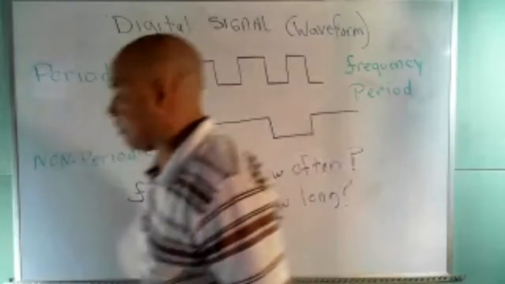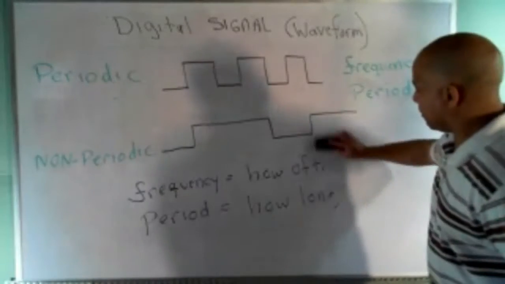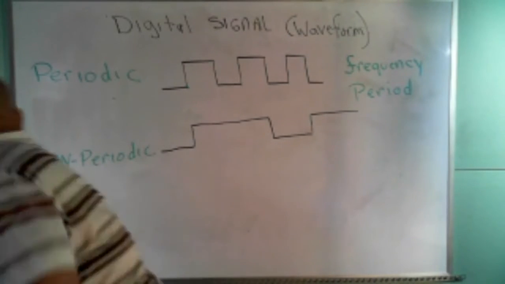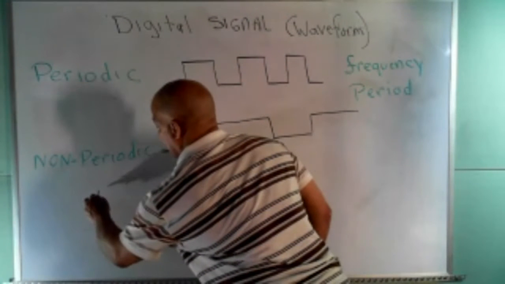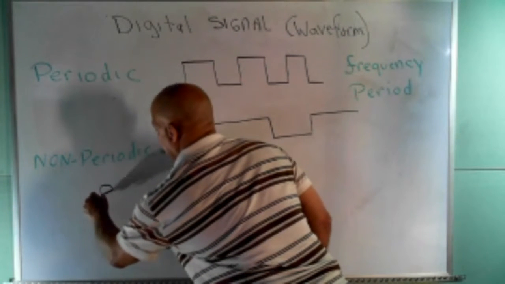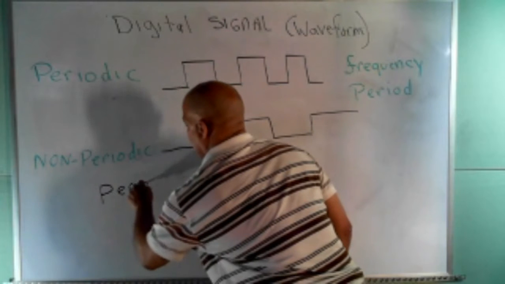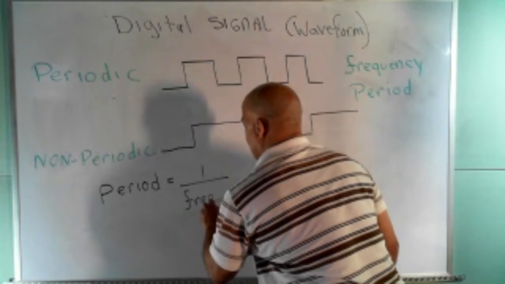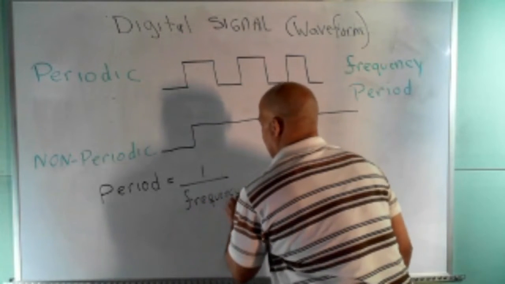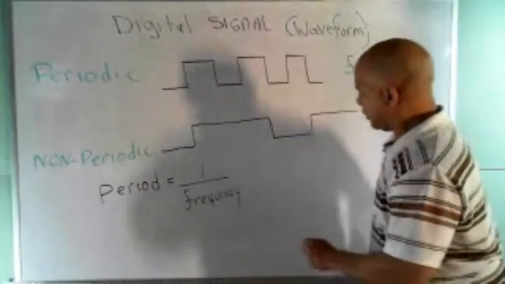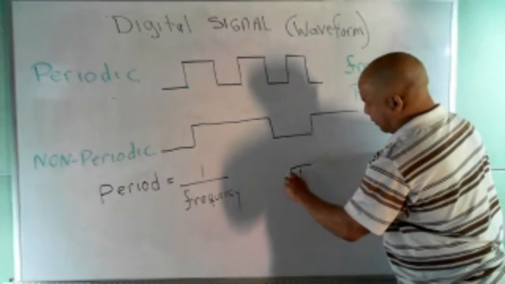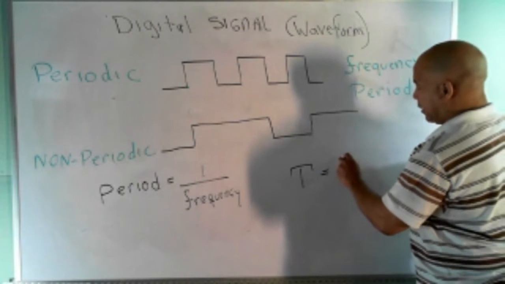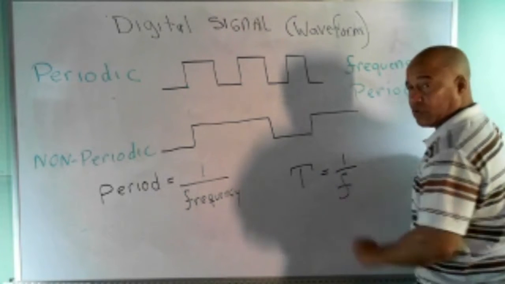You probably already know this from physics, but these two are related. Period equals 1 over frequency. For period, I use this capital T, and I'll put these little sidebars on the T. So T is 1 over F and vice versa.